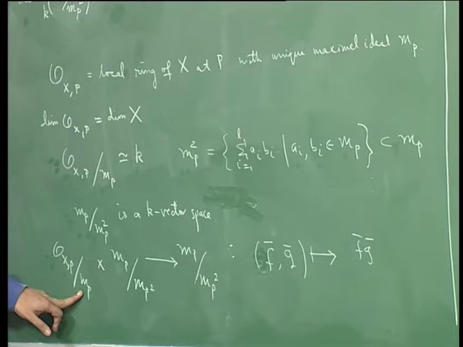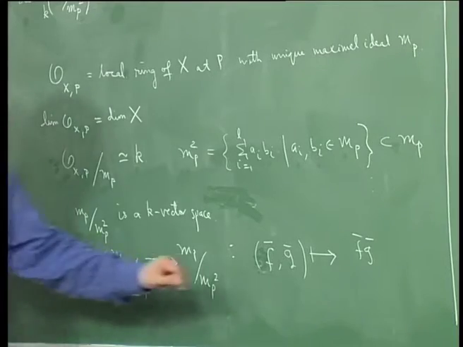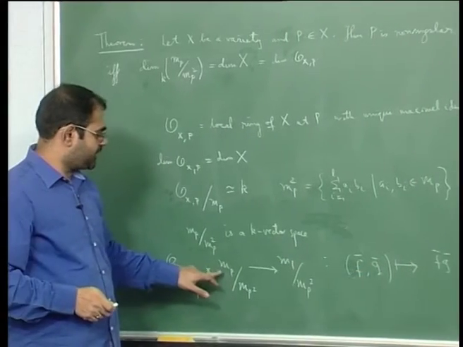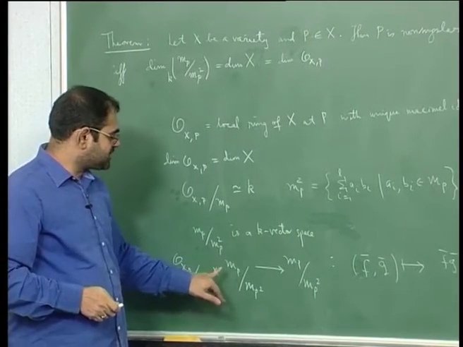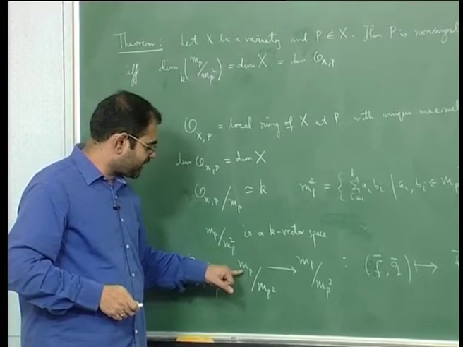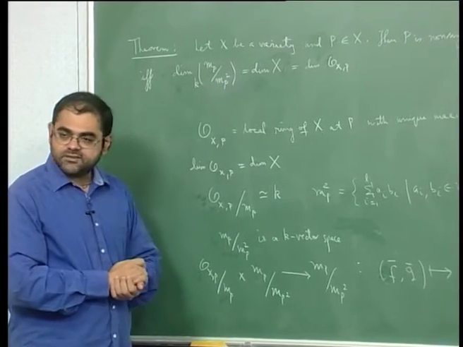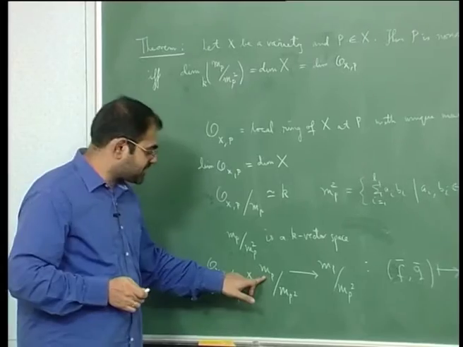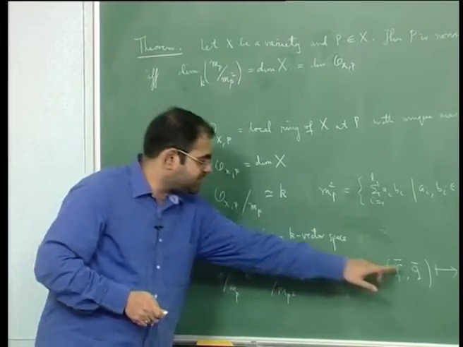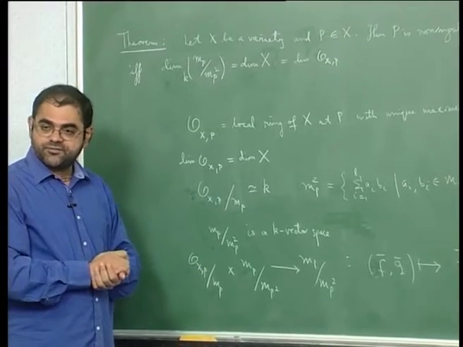And here you're taking g bar, g bar is just the image of g. G is just a germ of a regular function in a neighbourhood of P which vanishes at the point P. So g is in MP, and its image in the quotient MP mod MP squared is g bar.